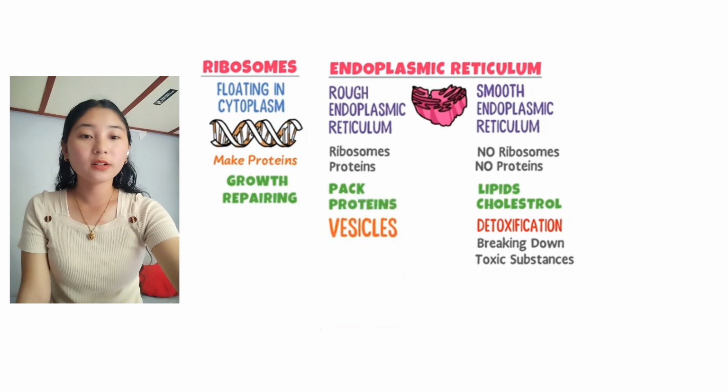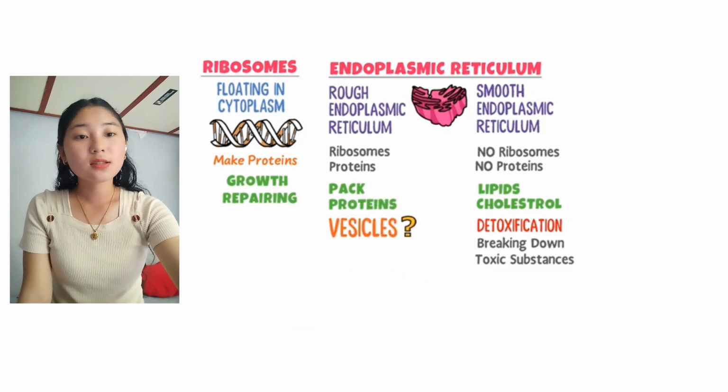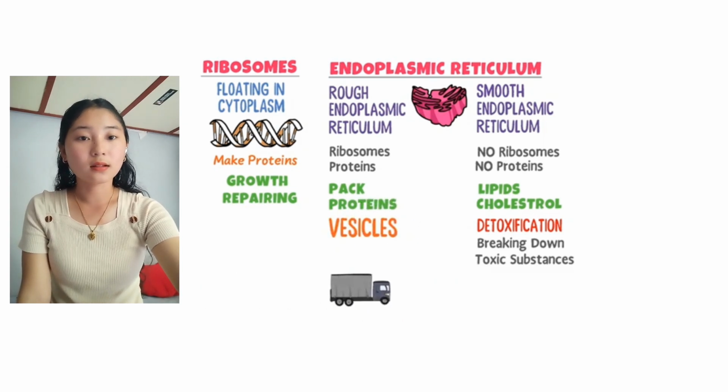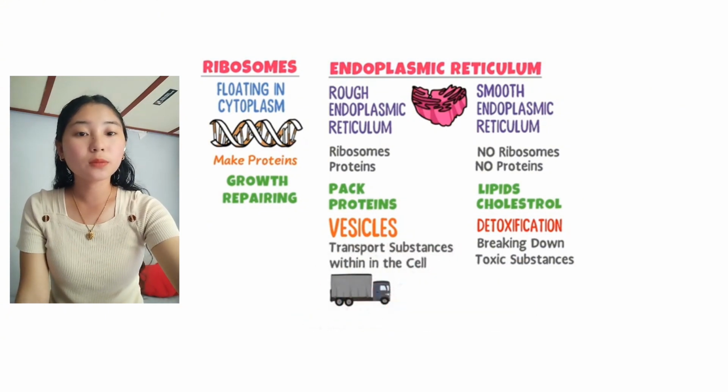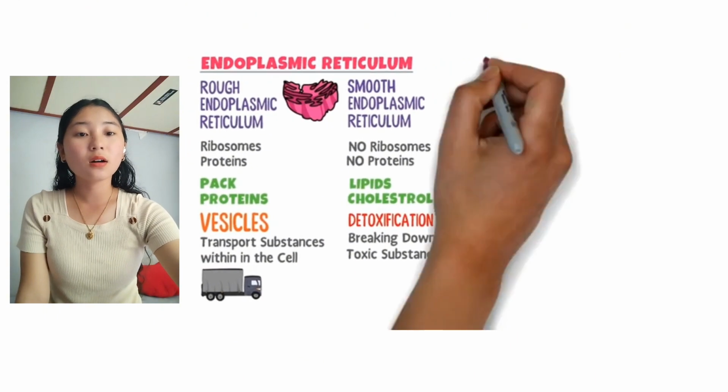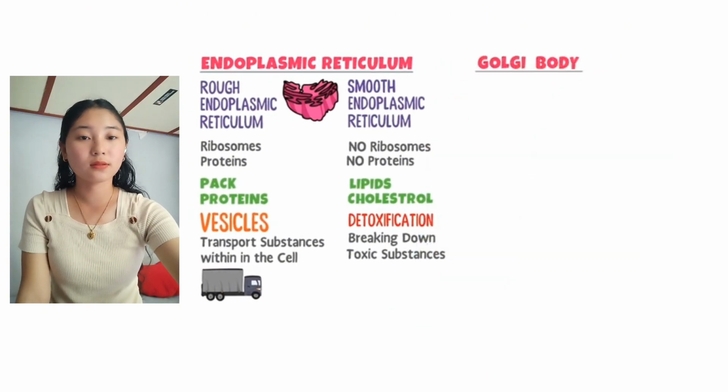Now, what are vesicles? Vesicles are the tracts within the cell. They transport substances within the cell from one part to another. The protein formed by the ribosomes and packed by the rough endoplasmic reticulum is transported by the vesicles to the Golgi body, also known as Golgi apparatus.